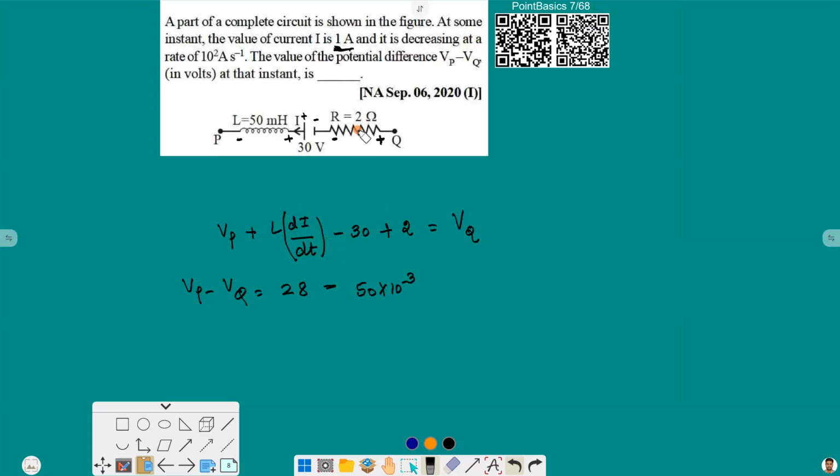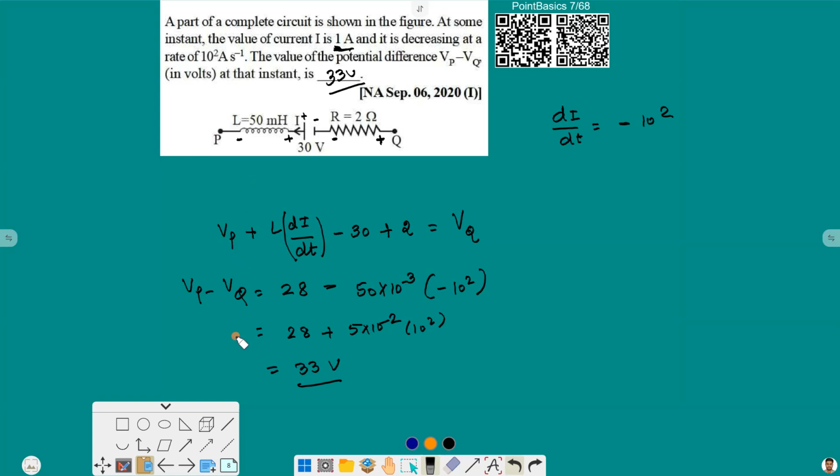Now as mentioned already, the current is decreasing at this rate, so di by dt is negative 10 raised to power 2. Negative negative will be positive, and we will have here 5 into 10 raised to power minus 2 into 10 raised to power 2. So this will be 28 plus 5, or 33 volts, is the potential difference between Vp and Vq.